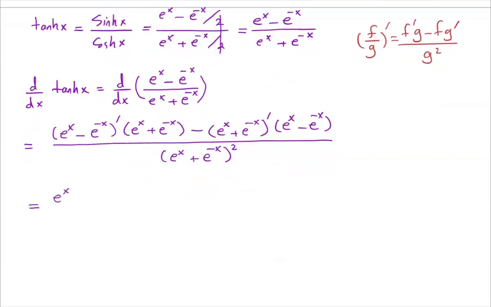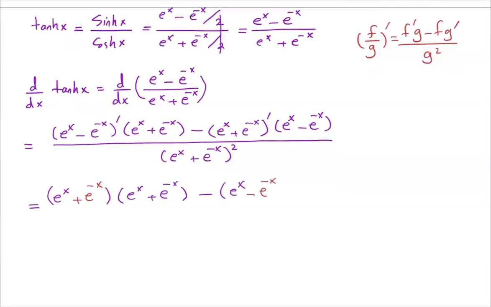The derivative of negative e to the power minus x becomes plus e to the power minus x. Let's close up the parentheses times e to the x plus e to the power minus x minus the derivative of e to the x is e to the x, and the derivative of e to the power minus x becomes negative e to the power minus x.